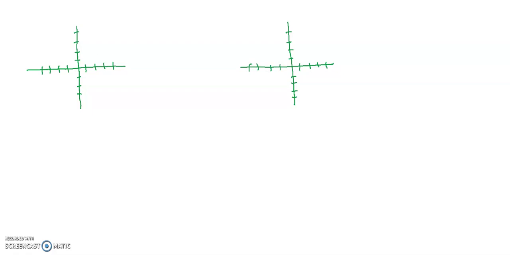Okay, so I got a green axis this time. All right, so there's one, and here's another one.